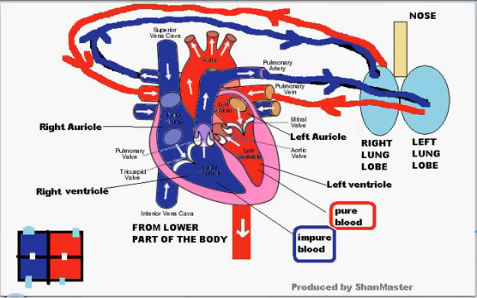Now I have got to explain to you what is going on here. Lungs and heart. Through the pulmonary artery, from the right ventricle when the heart pumps, the blood flows into two arms of the pulmonary artery. One arm goes to one lobe of the lung and the other arm goes to the other lobe of the lung. Right and left lung lobes are there.